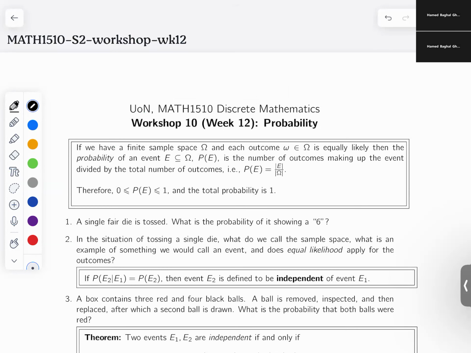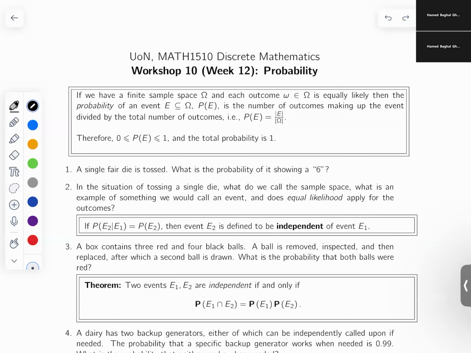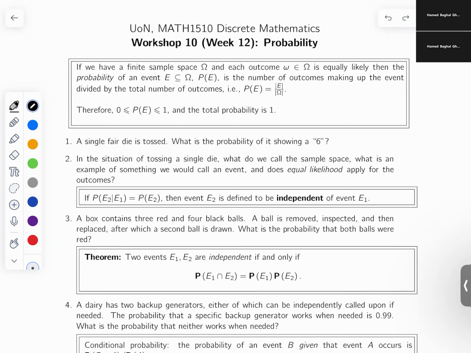So, question one: every face of the die is like 1/6. Question one says that fair means you have got six faces of the cube of a die.